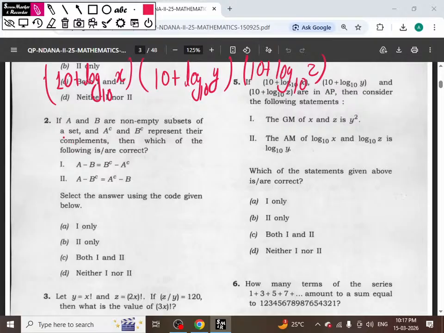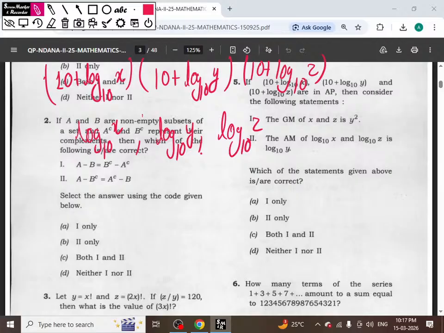So first of all, we have to check whether the geometric mean of x and z is y square. We can also write it like this: log 10x, log 10y and log 10z.